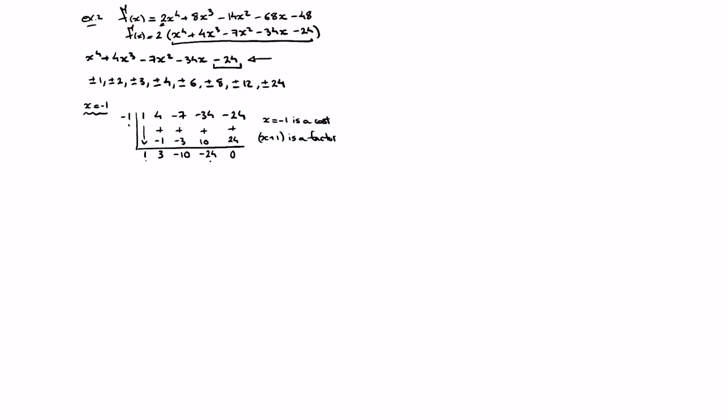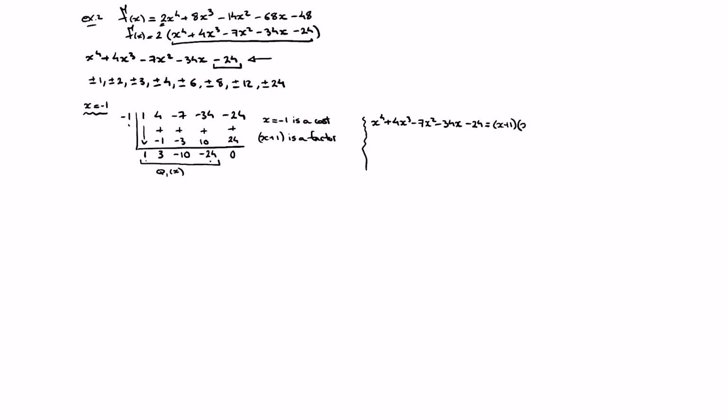And we have the quotient polynomial here, which we'll call q1 of x. So at this stage we can already write, and I'll write it here on the right hand side, that x to the power of 4 plus 4x cubed minus 7x squared minus 34x minus 24 equals x plus 1 times q1 of x, whose coefficients we have listed at the bottom of this table.